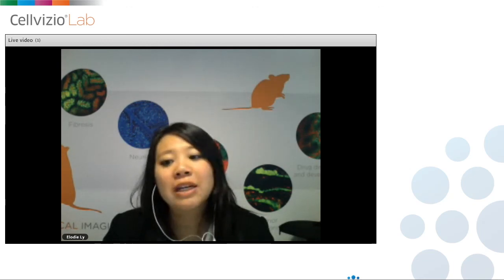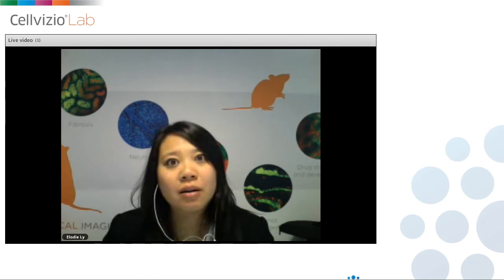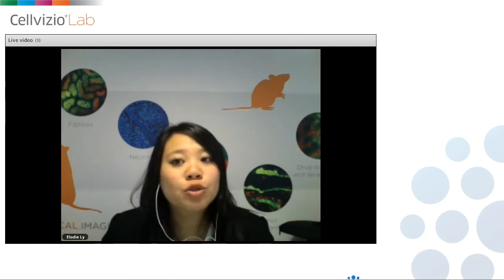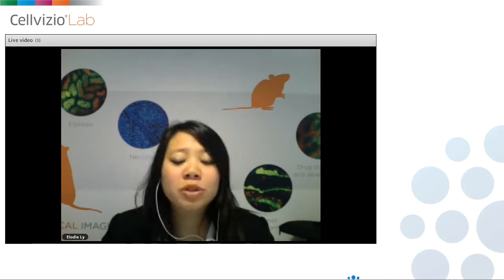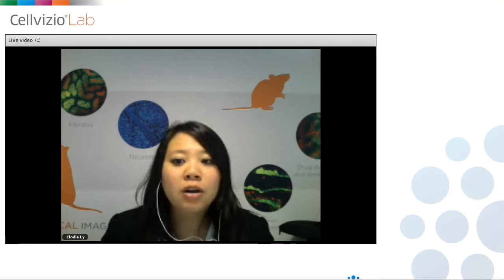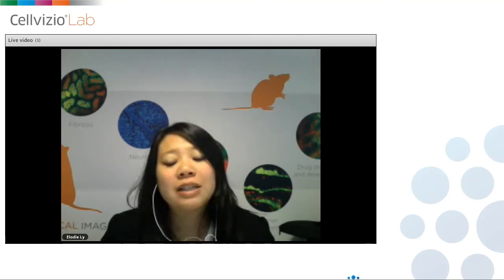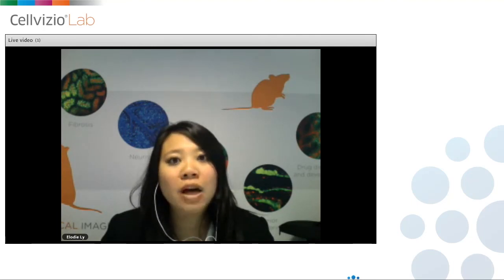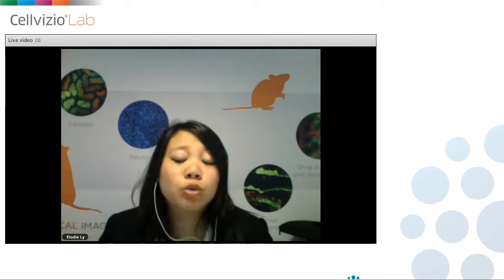For example, if you want to look at vascular constriction, you are able to measure the vessel diameter, but if you want confirmation that what you see is a true decrease of diameter, then you will have to have some internal controls of vessels that will help you confirm that what you see is really a constriction.